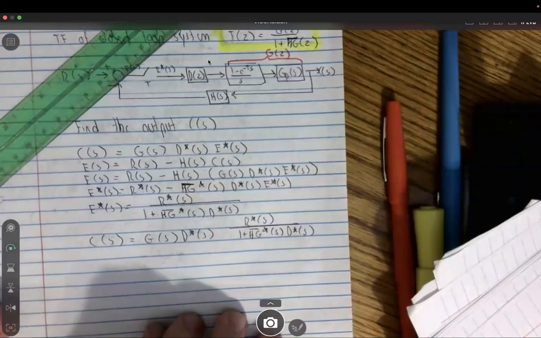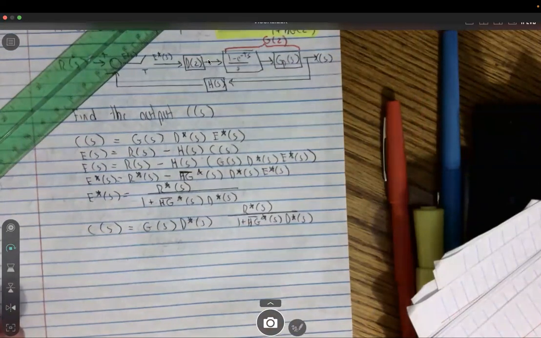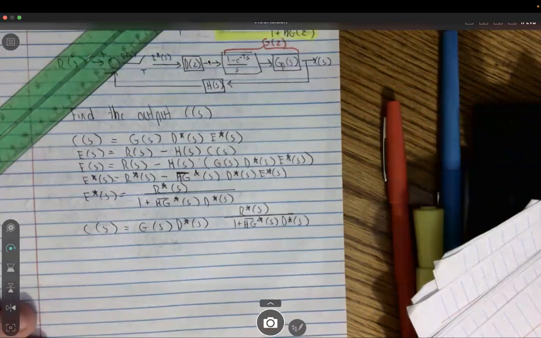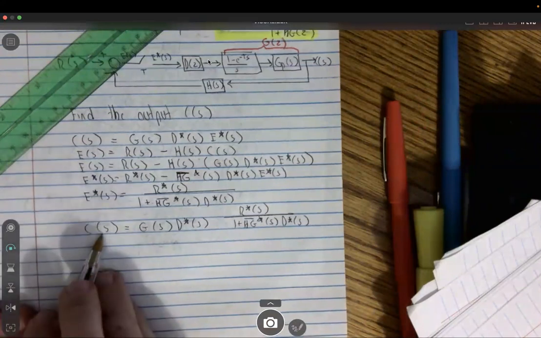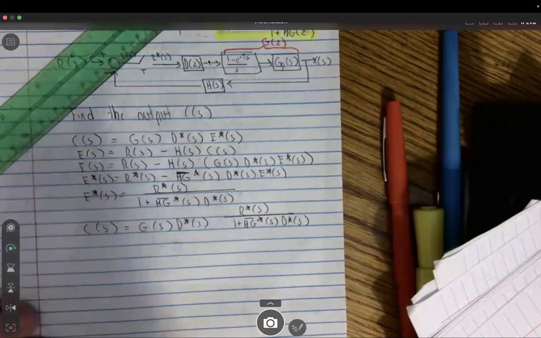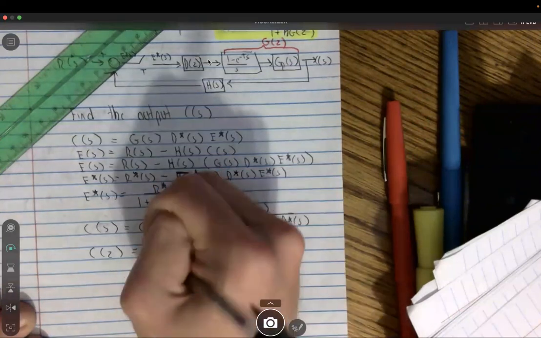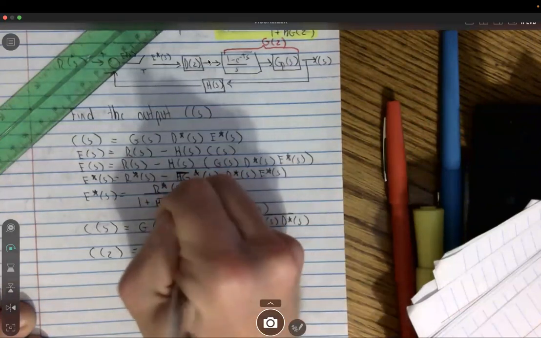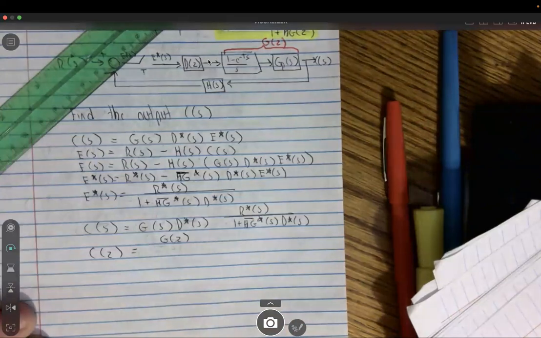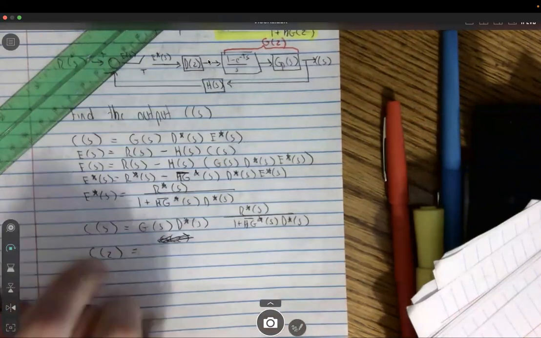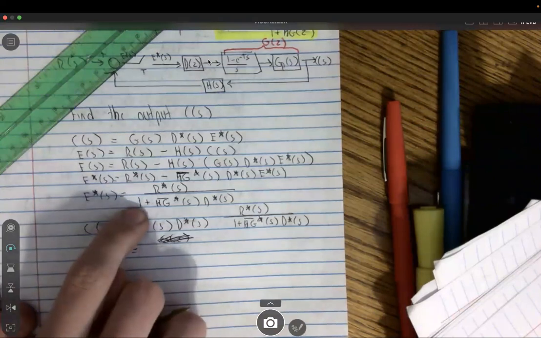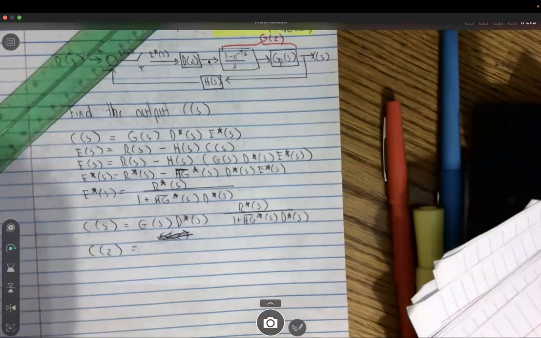Now we've got it written in terms of C of s. So technically that's correct for the output, but just so you see it in the Z domain, it would just be G of z multiplied by, sorry, wait. Oh, sorry, because remember, if you want to write it in terms of the Z transform, you have to take the star transform of both sides.